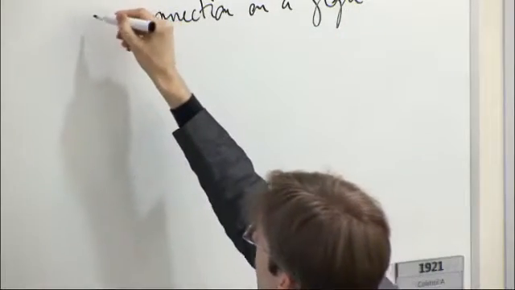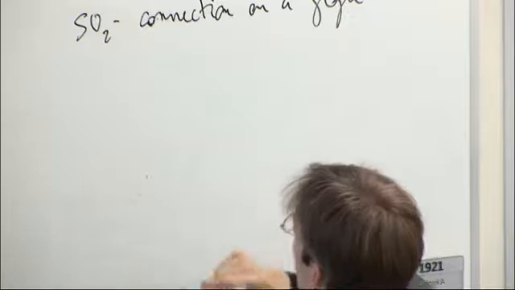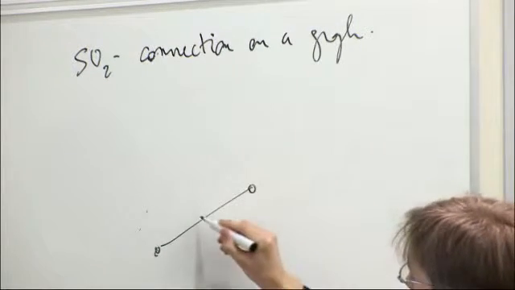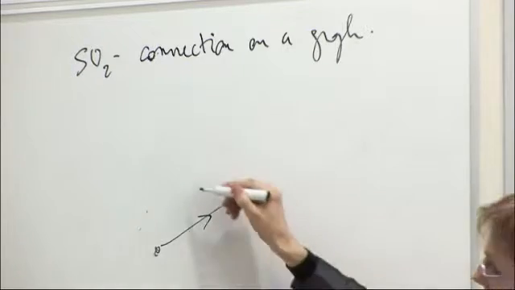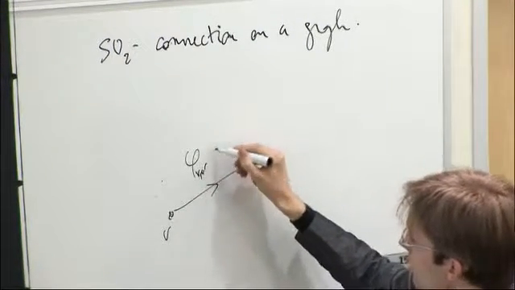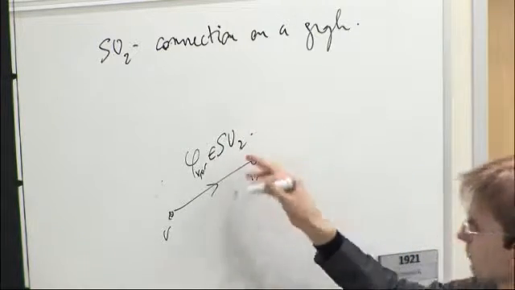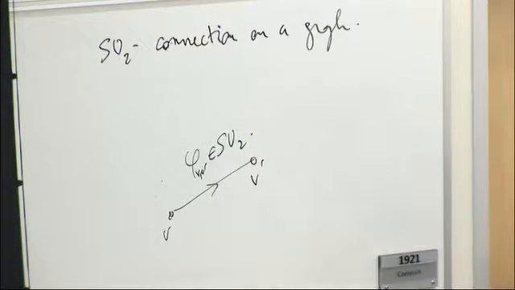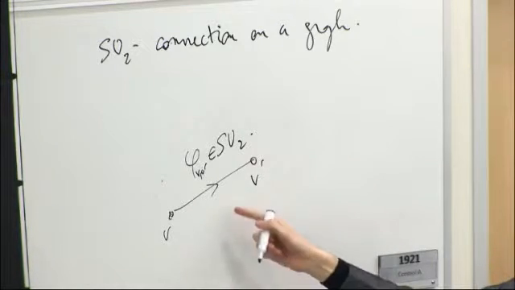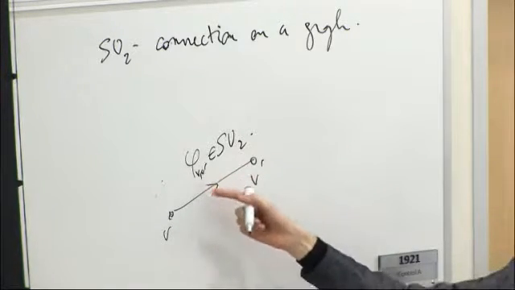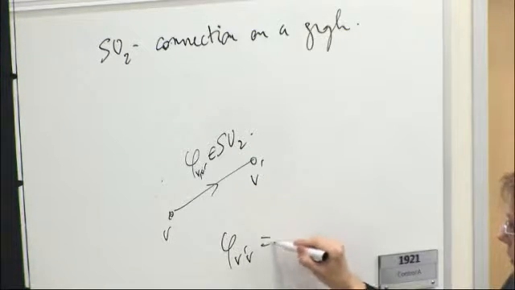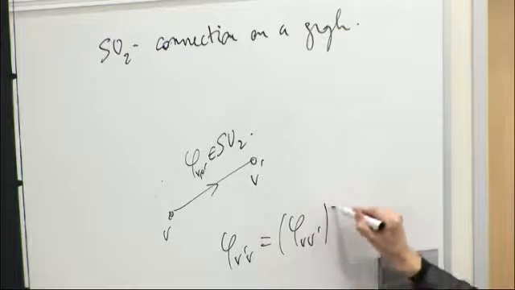I will say an SU2 connection on a graph is the data, for each oriented edge VV prime, of some matrix phi VV prime belonging to SU2. And the only condition you impose is that on the reverse orientation, it's the inverse of this matrix. So phi V prime V is phi VV prime inverse.